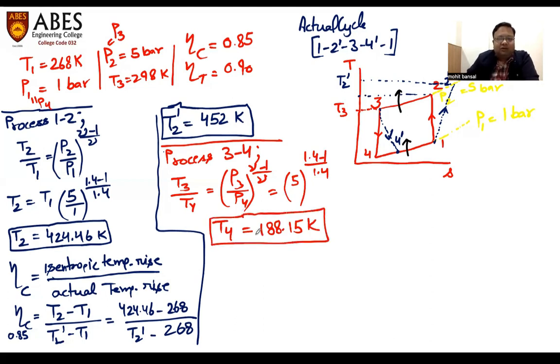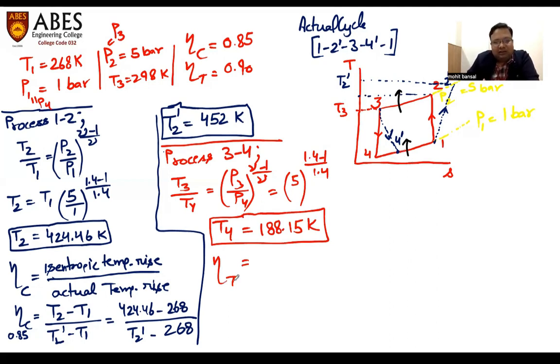Now the actual cycle is not 4, rather it is 4 dash. So we have to find out this T4 dash. In the numerical problem, it is given to us that the isentropic efficiency of the turbine is 0.90. So likewise, as we have written the isentropic efficiency of the compressor, now we have to write down the isentropic efficiency of the expander.